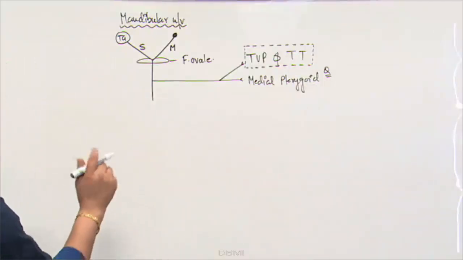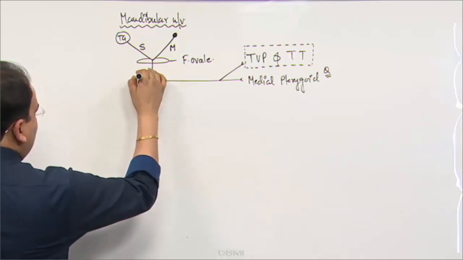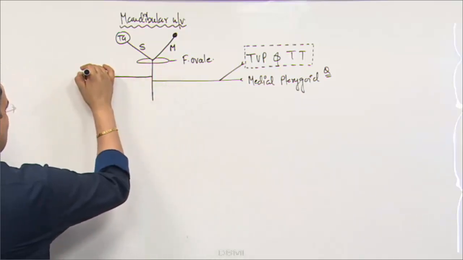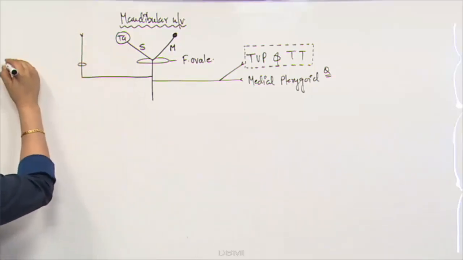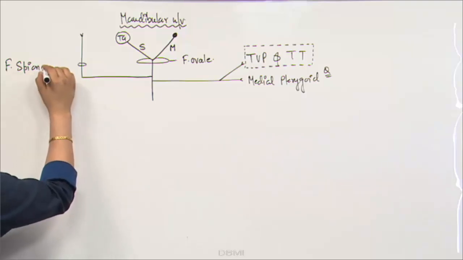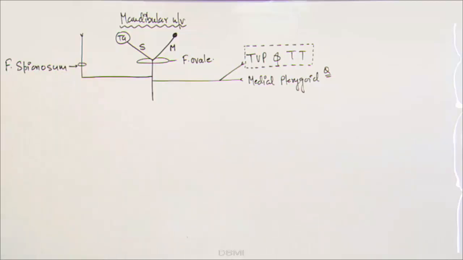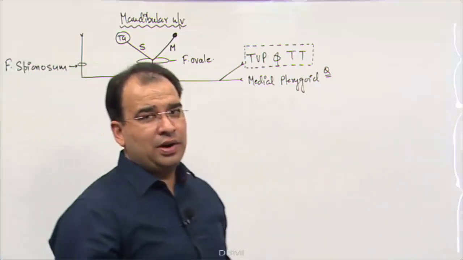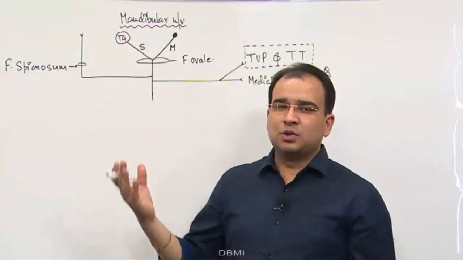The third important thing about the trunk of the mandibular nerve is that it gives off a branch which goes back into the cranial cavity through a foramen called foramen spinosum. As I already said, if a nerve is going into the cranial cavity, the only reason is to supply the dura mater.